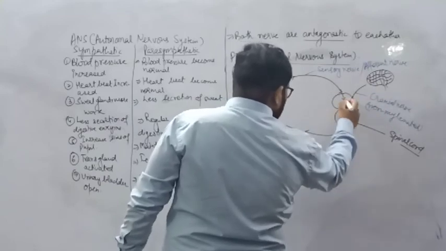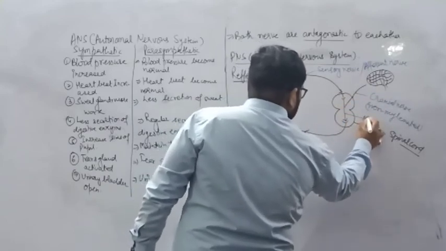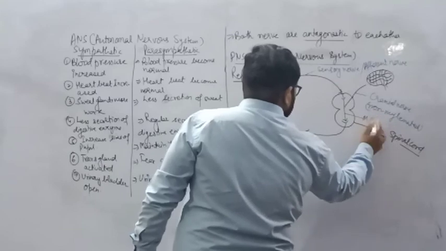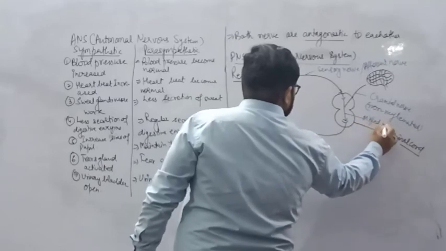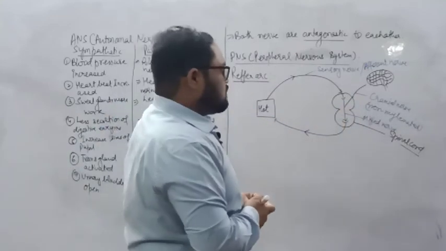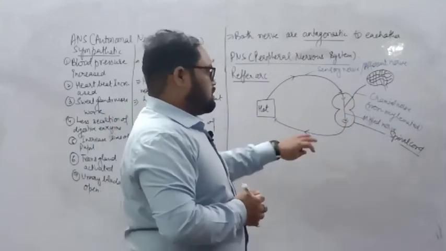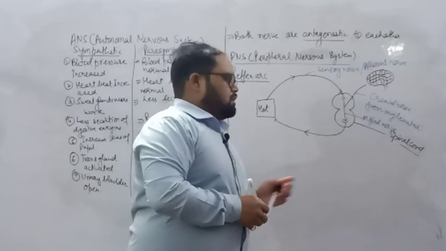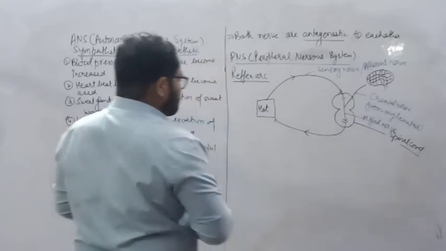Okay, this structure is called mixed nerve. It is also called combined nerve, connective nerve, or so many names. Five names are there, but here I am going to tell you only three names. Rest of them I will tell you later.